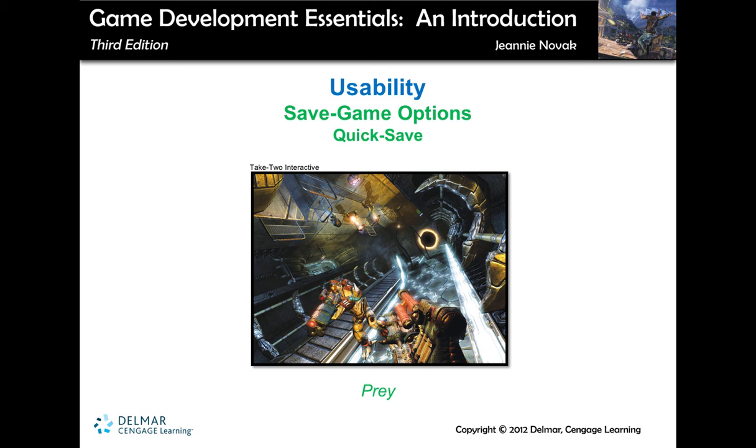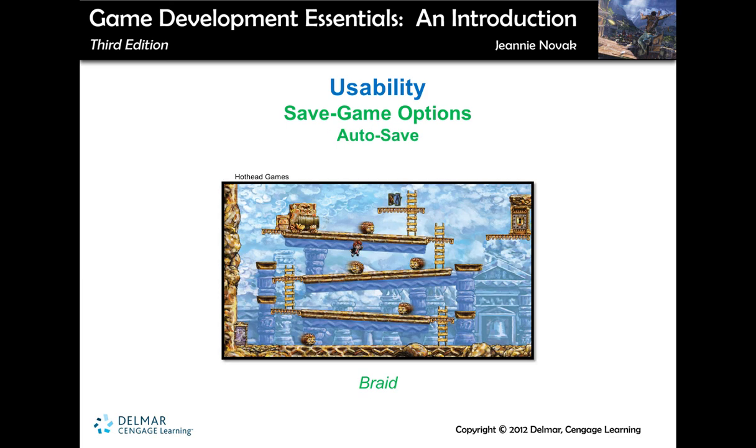So it does mean the player has to think about it a little bit, and it allows the player to save the game and then die and go right back to where you were right before the fight and save the game again until you get past it. So there's pros and cons to the quick save.